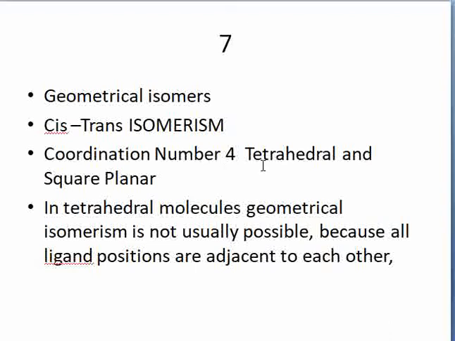Generally, tetrahedral molecules will not give any isomers, because all four ligands are adjacent to each other, so they will not produce geometrical isomerism, except in some special cases.